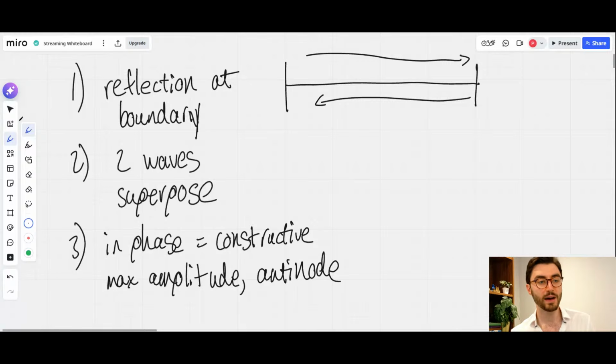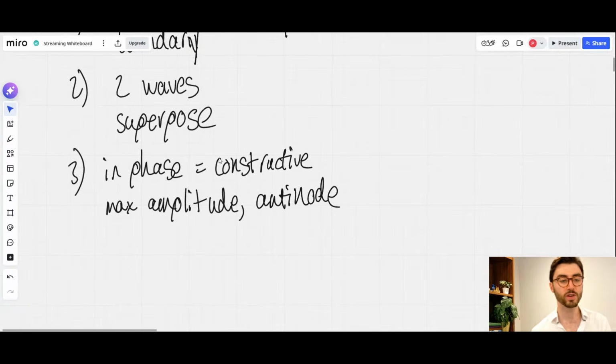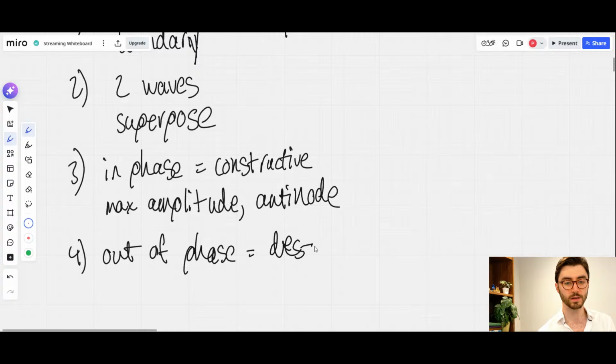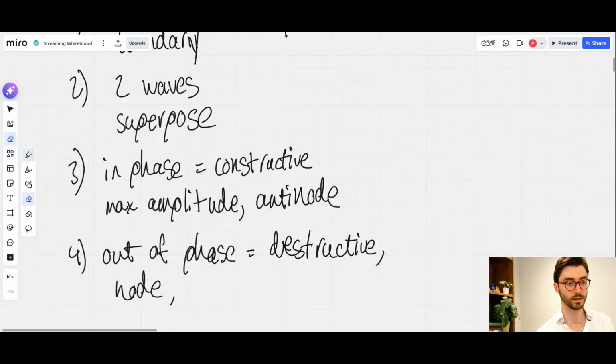And when they arrive out of phase, that is destructive interference. So out of phase equals destructive interference, which creates a node of zero amplitude.